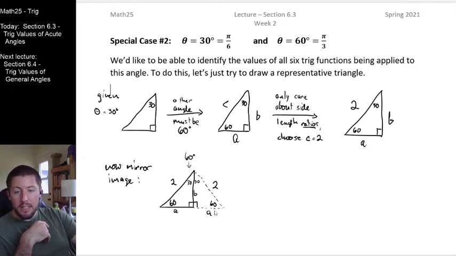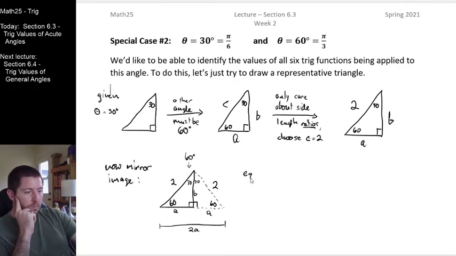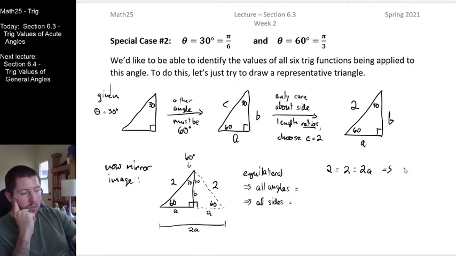Notice that the length of this side over here is now 2A units long. A plus A is 2A. So apparently A is 1.